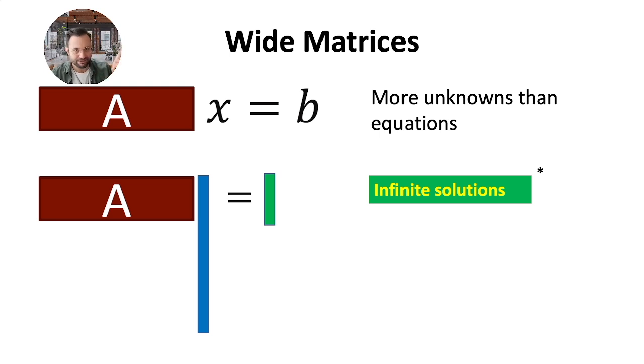There's a little asterisk on the infinite solutions. Of course, the equations and the little green b outputs might be inconsistent, just like we presented in the singular matrices.